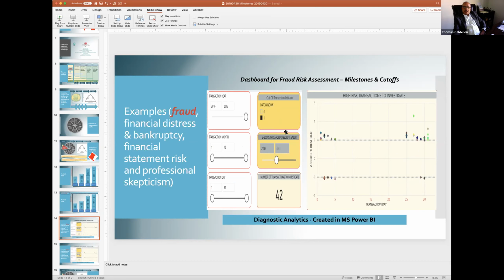In this data set, my goal was to isolate all transactions that occurred around cutoffs. And what I would do is to investigate those transactions.